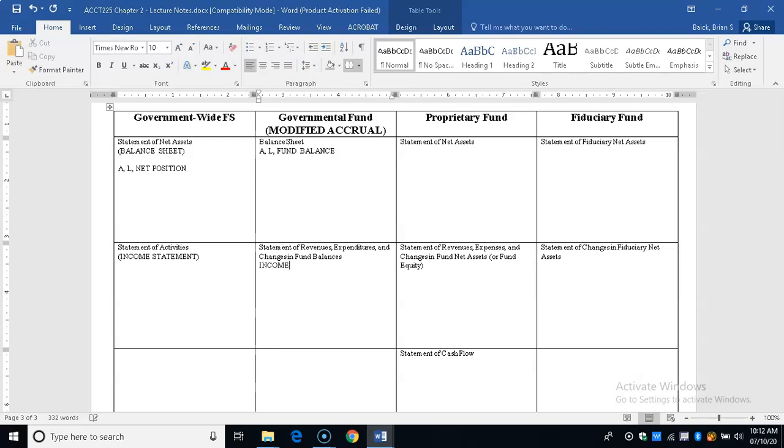That's basically like an income statement. Make sure that you know that you don't have expenses, no expenses. Instead, you have something called expenditure. Now, why do you have expenditure? The reason why is because everything that's created here is using the modified accrual basis of accounting. So expenditure is actually a term that's used for modified accrual.